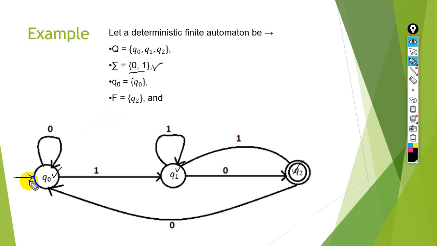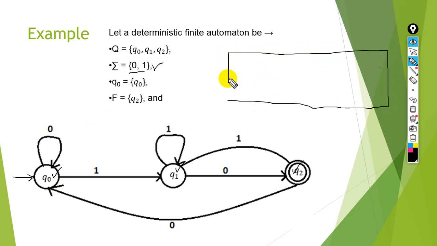Okay, now for Q0, what are the inputs? Let me draw a table for this so you can understand it easily.